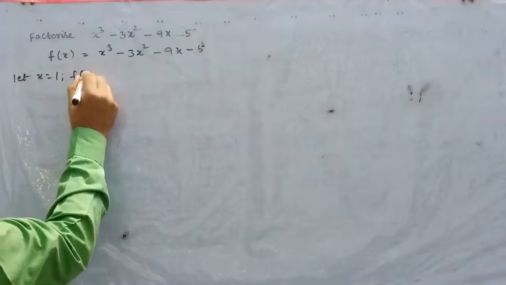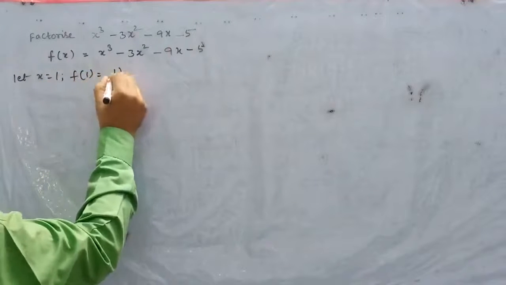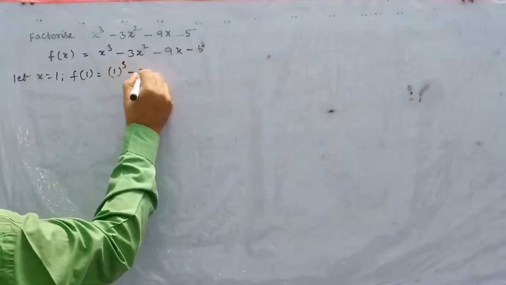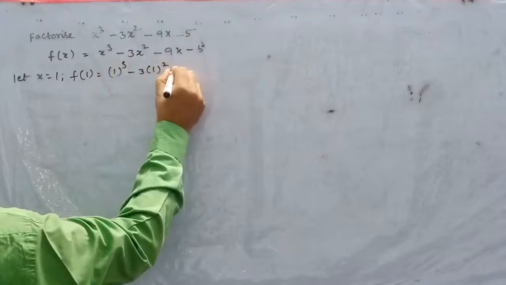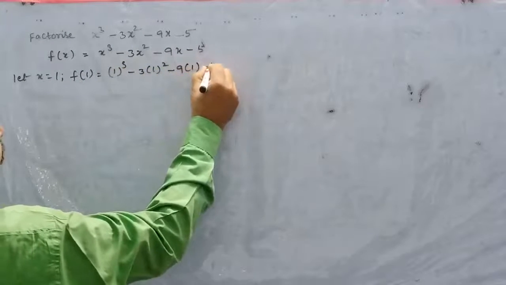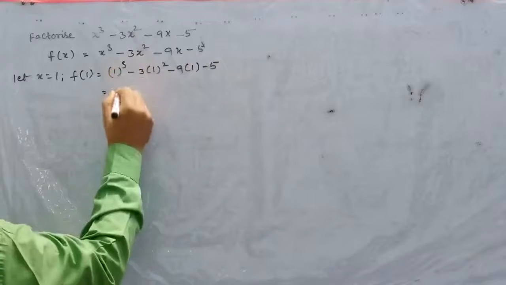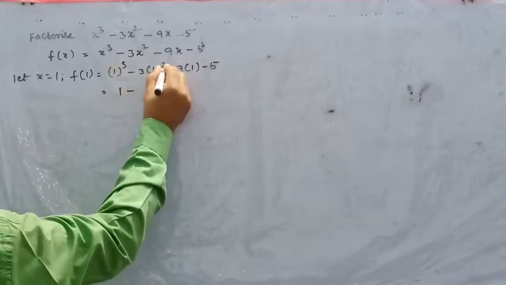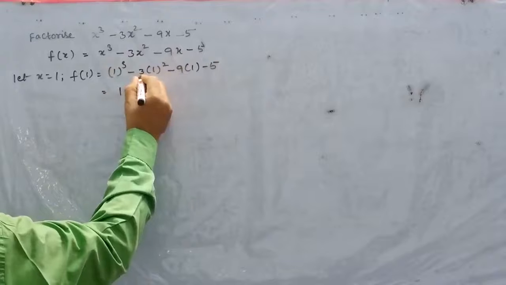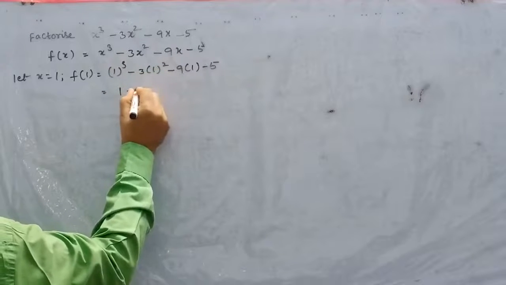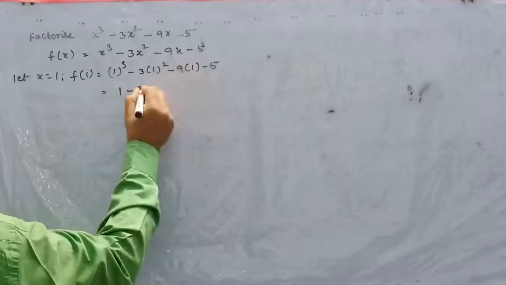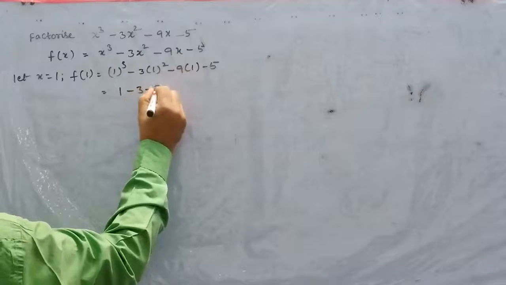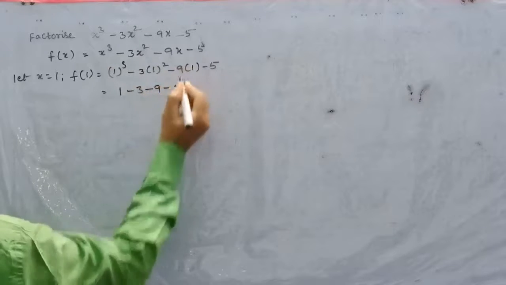So f of 1 is equal to 1 whole cube minus 3 into 1 whole square minus 9 into 1 minus 5. 1 cube is 1, minus 3 into 1 square, which is minus 3, minus 9, minus 5.